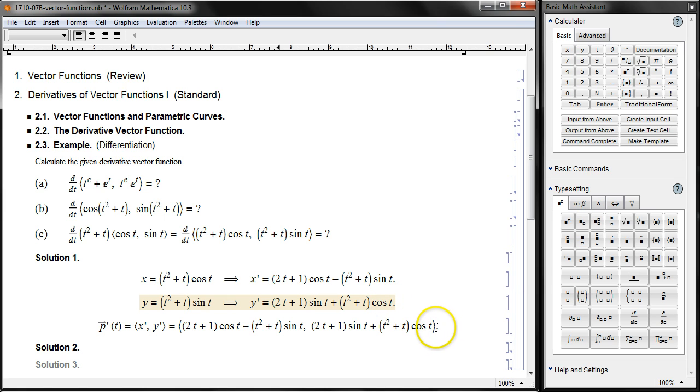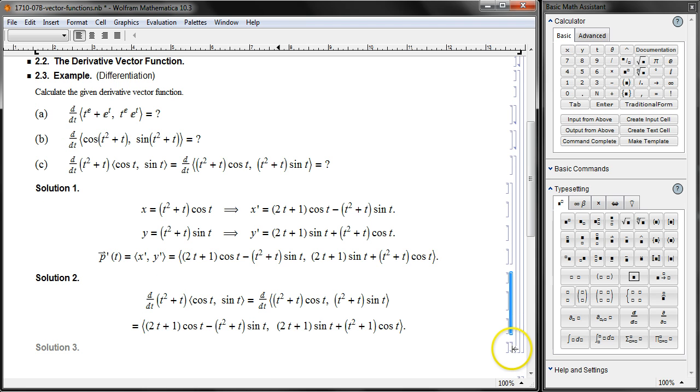In the end, put them together. Here's solution 2. Push those t squared plus t inside, and then take the derivative of the first component and the derivative of the second component, put them together. This is solution 2.